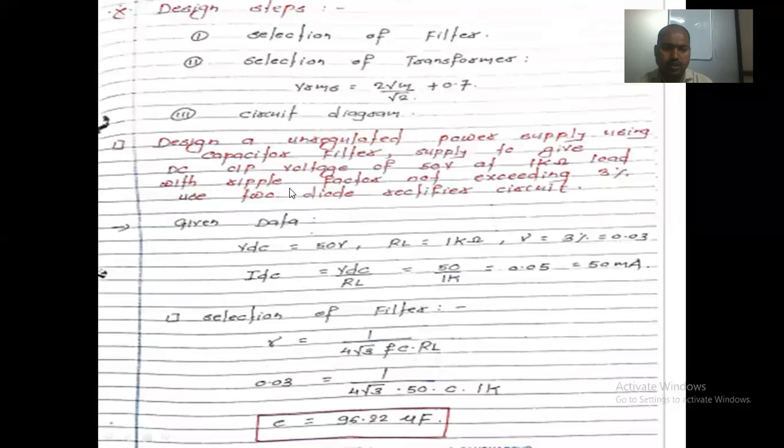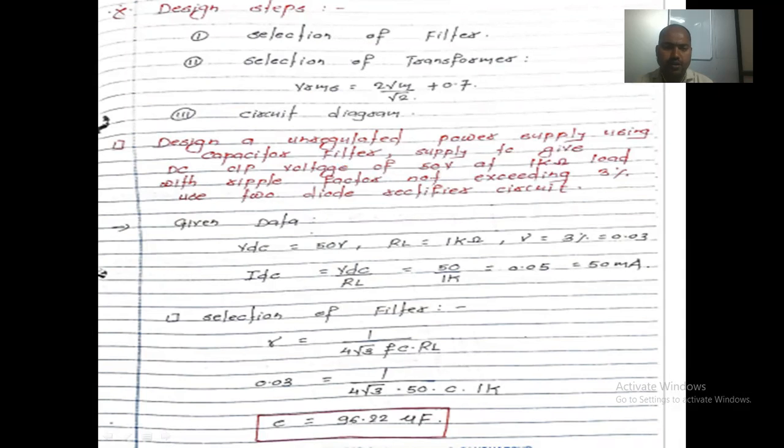Below it, DC output voltage of 50 volt indicates that VDC is equal to 50 volt. Write down the first point, VDC equal to 50 volt. They have given at 1 kilo ohm load, which is nothing but the load resistance. So RL value should be 1 kilo ohm. Okay, VDC equal to 50 volt, RL equal to 1 kilo ohm.